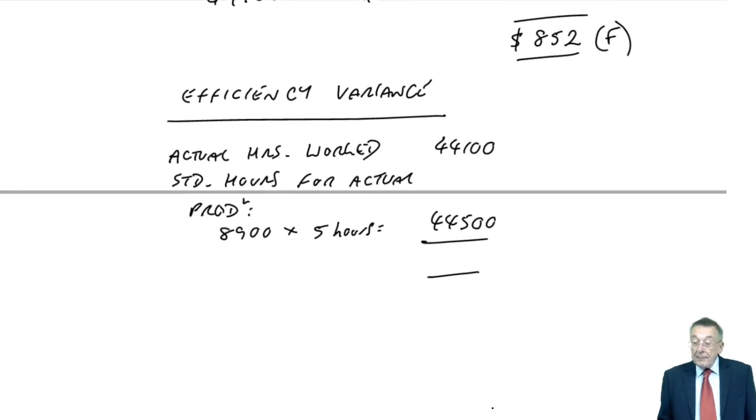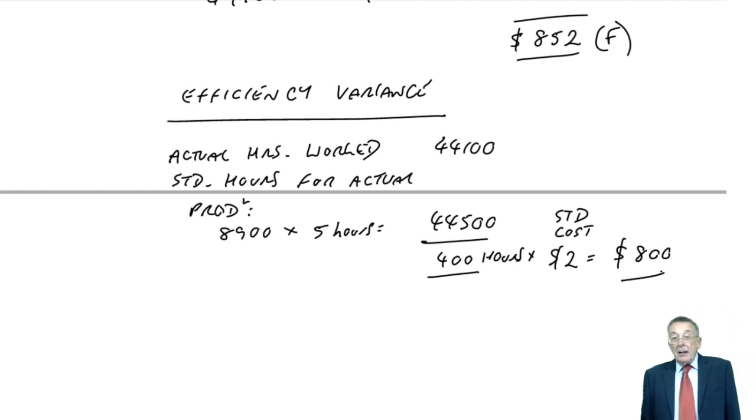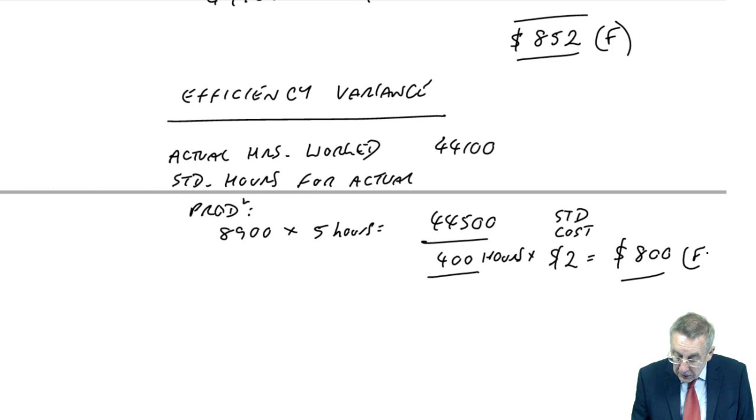And therefore, they did work faster. We saved 400 hours. We cost it at standard cost per hour, which for variable overheads is $2. They've worked faster. We've saved money. It's therefore favourable.